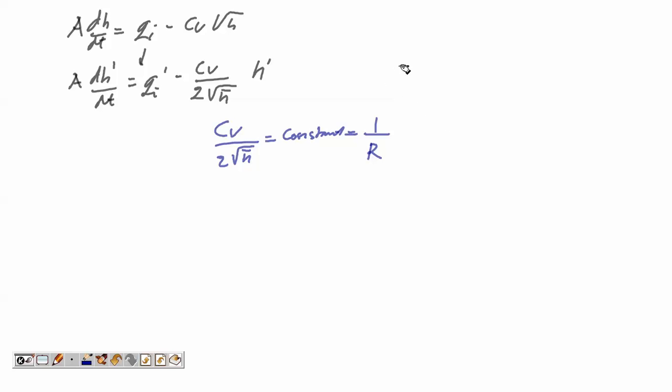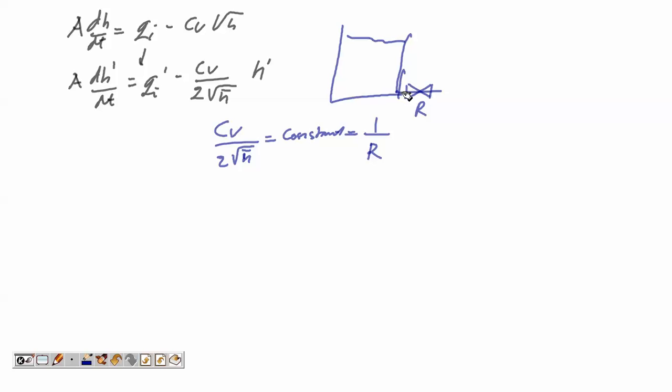So if we have a system like this with R, it means that R is 2 square root of h bar over Cv.